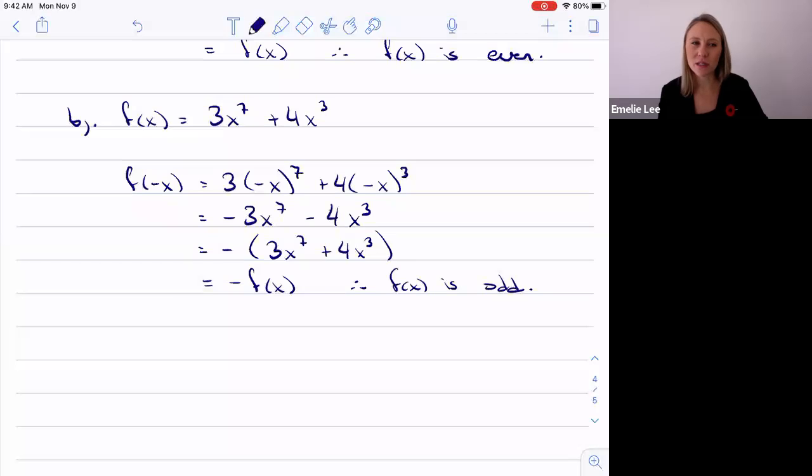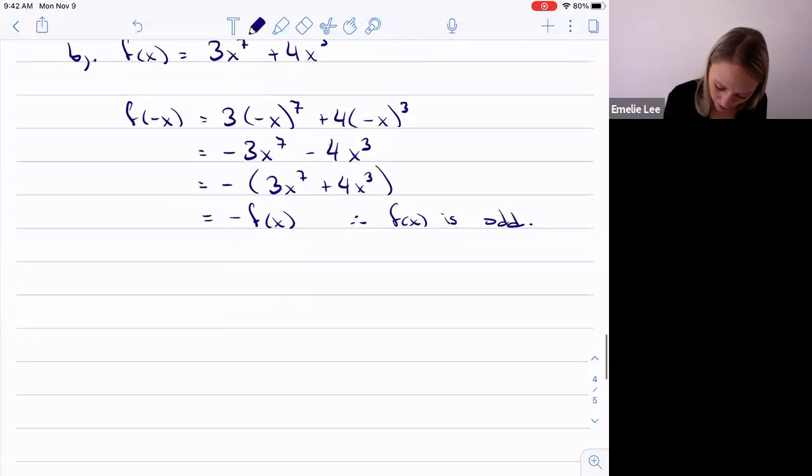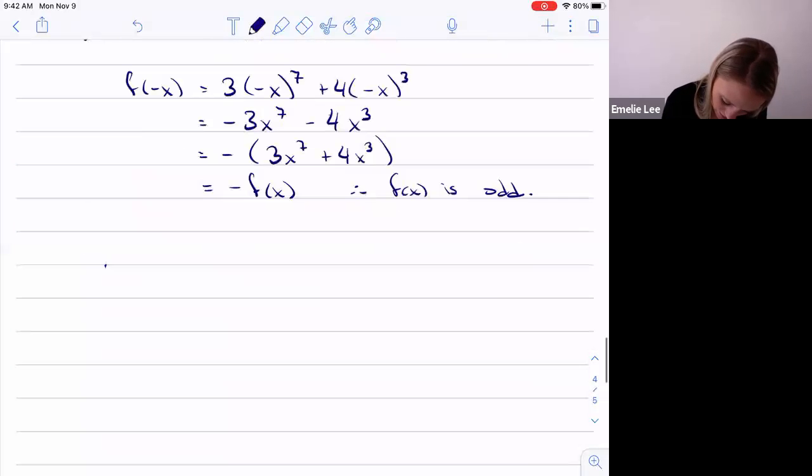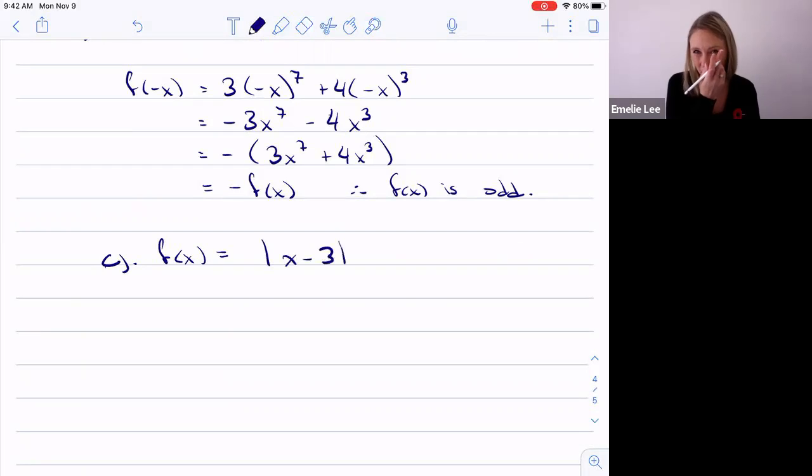How about a last one? All right, so far things have been falling out just the way that we expect them to, knowing how these powers behave, if the powers are even or odd. Let's try f of x is the absolute value of x minus 3. So remember, the absolute value of a negative is just the positive version of itself, right?